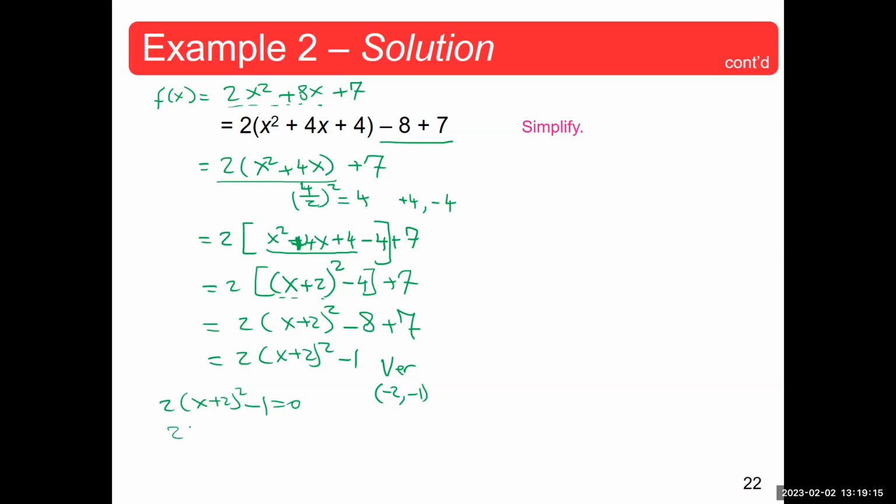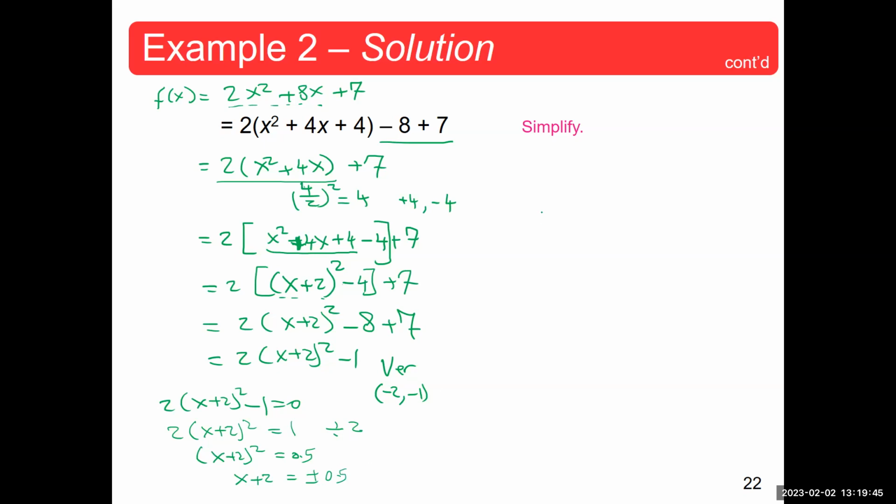Now we can move the 1 to the other side and divide by 2. This becomes x plus 2 equals half, because we divided by 2. Now take the square root of both sides, and you're going to get plus or minus the square root of half.